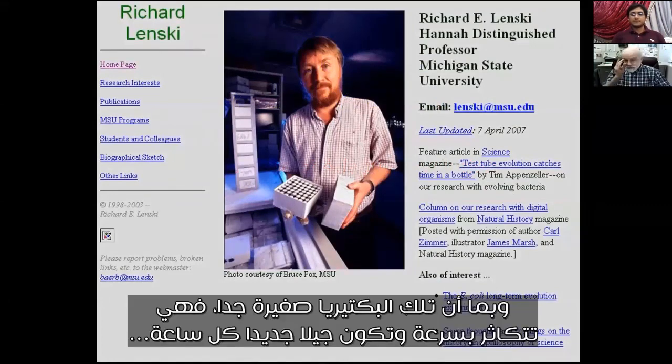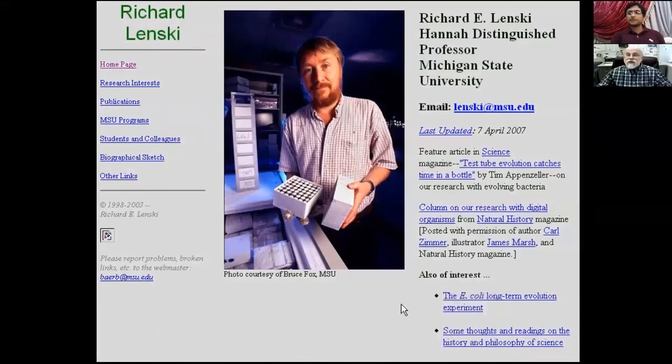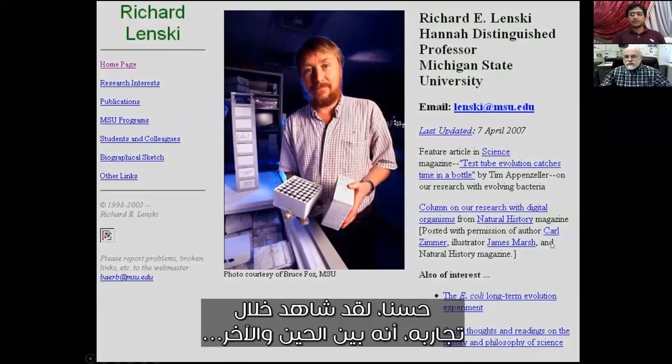And since E. coli bacteria are so small, they reproduce quickly in about just 1 hour as a generation. And since they're so small, you can grow a lot of them in a small space. You can get hundreds of millions of them in a test tube.